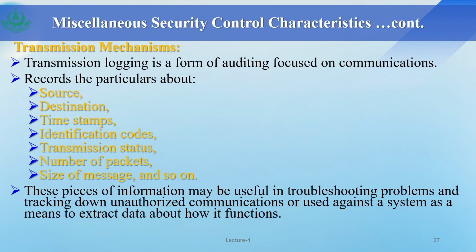This information may be useful in troubleshooting problems that occur during communication, and in tracking down unauthorized communication used against a system as a means to extract data about how it functions.